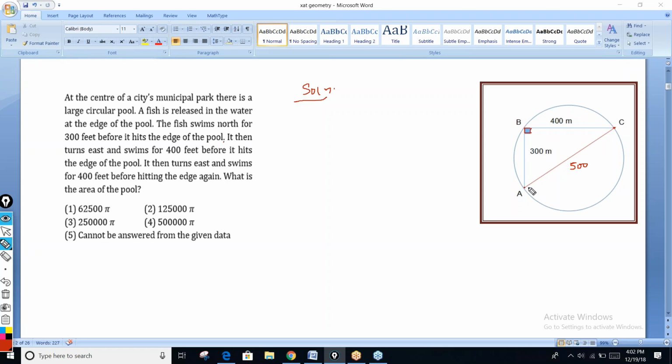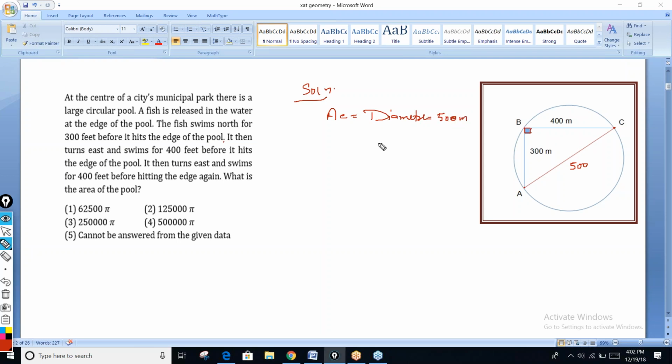So AC has to be the diameter, because diameter makes an angle of 90 degrees at the circumference. So if AC is the diameter, AC is basically 500. So the diameter is 500, so the radius will be 250.